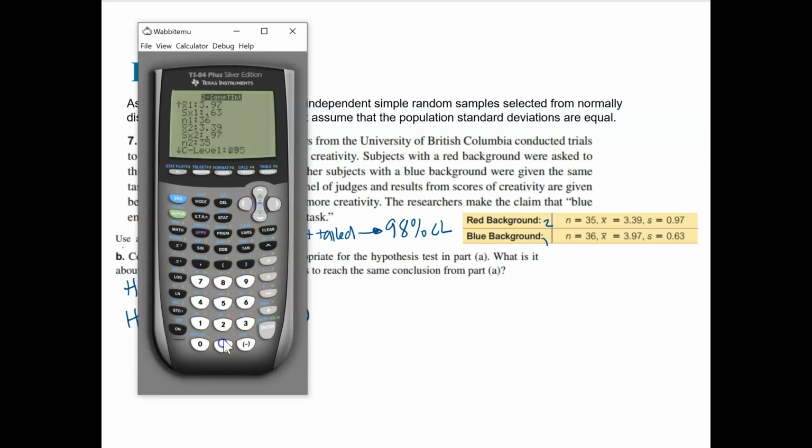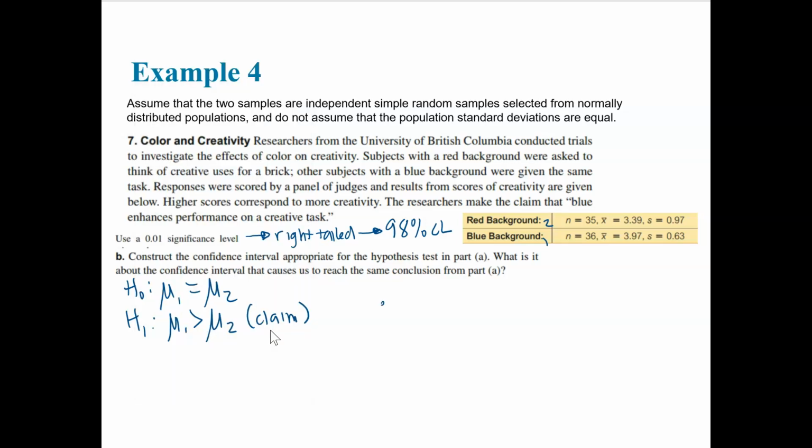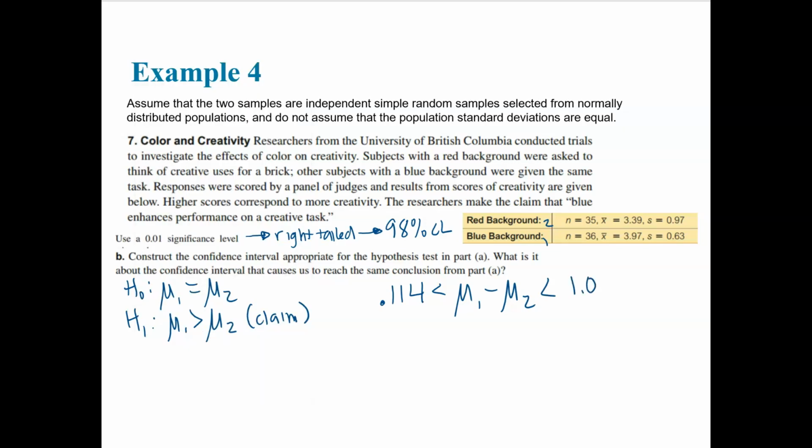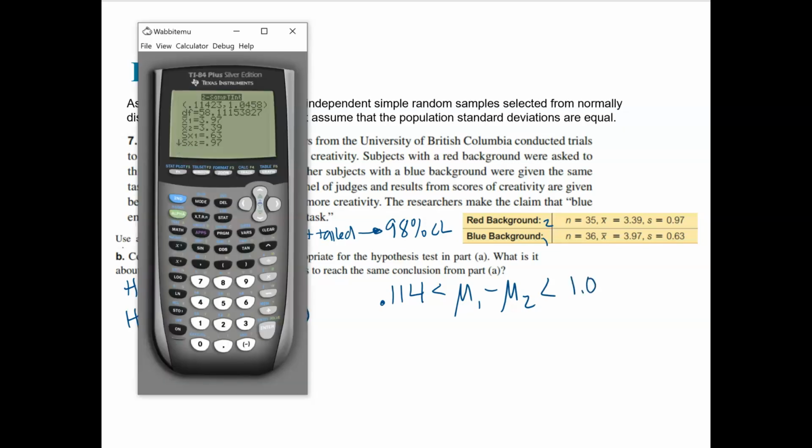Our confidence level is 0.98. Pooled, no, and calculate. And we get about 0.114, which is less than the difference between the two means, which is less than 1.05. Well, we did 3 digits.